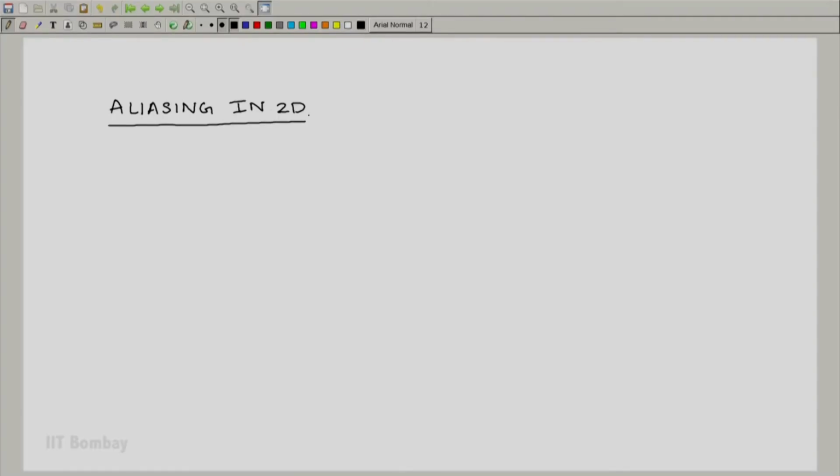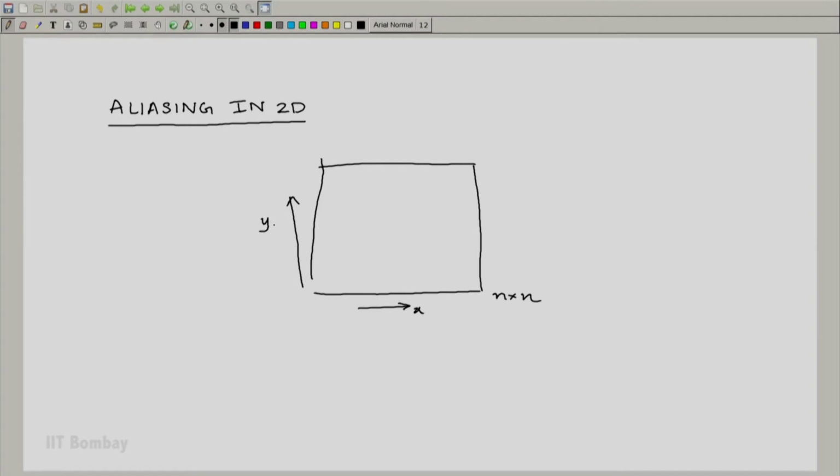So let's start by understanding what frequency means in images. So we have an image here. Let the size of the image be n cross n, and we have 2 directions basically. Let us take this as the x direction, and the other is the y direction.